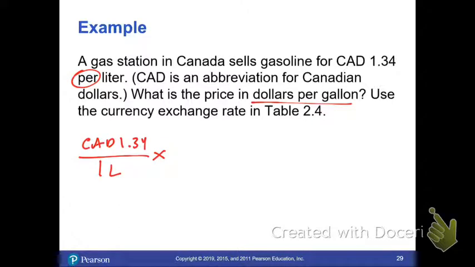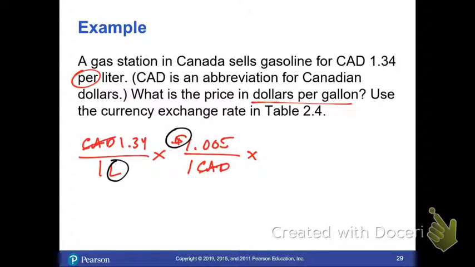I've chosen to use the first column, the dollars per foreign. So now my units would be in dollars per liter. So I have to do an additional conversion: I now need to change liters into gallons.